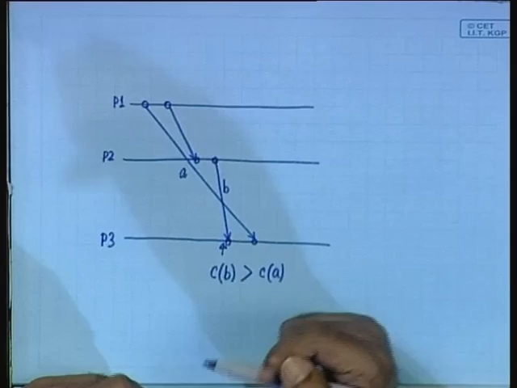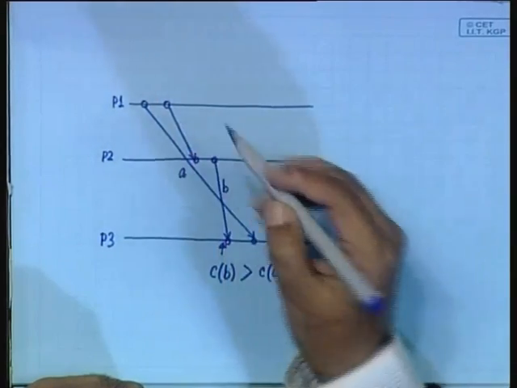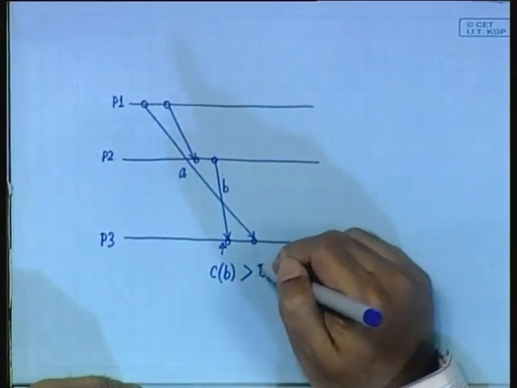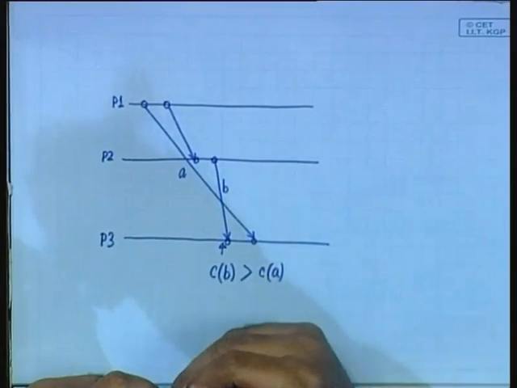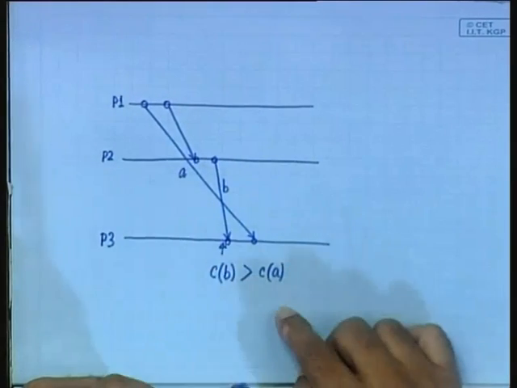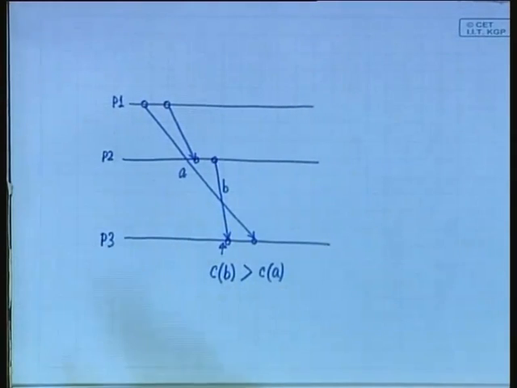And what is more, even if I get a message with C(A) having timestamp less than C(B), it does not mean that A actually happened before B, maybe incidentally this has a lower timestamp, right.